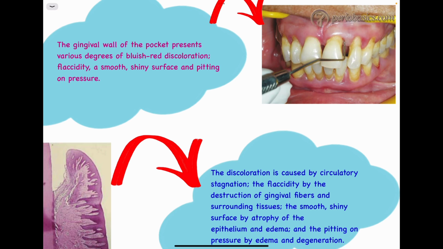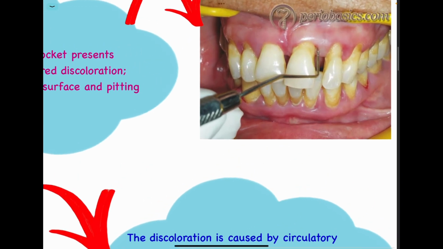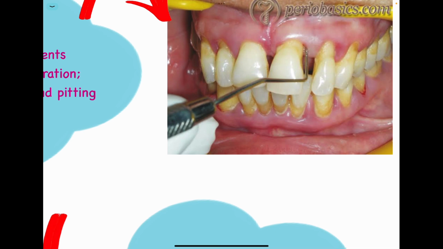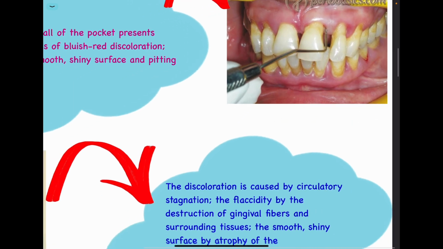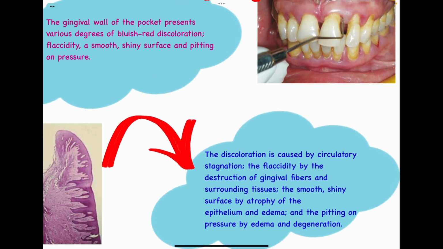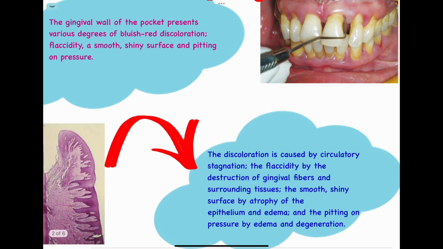The smooth and shiny surface, with loss of stippling, is basically because of the atrophy of epithelium and presence of inflammatory edema. This edema is because of accumulation of a large amount of leukocytes, dead and necrotic material, microbes, etc. And the pitting on pressure is due to edema and degeneration of the gingival fibers.